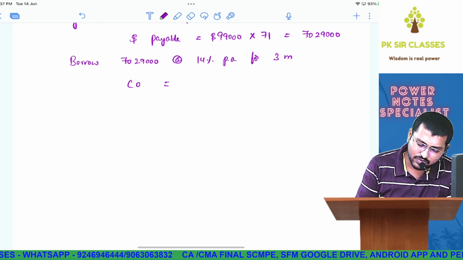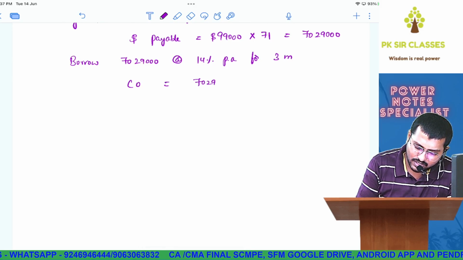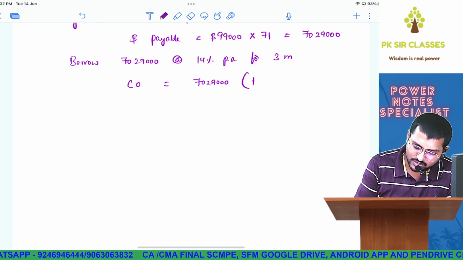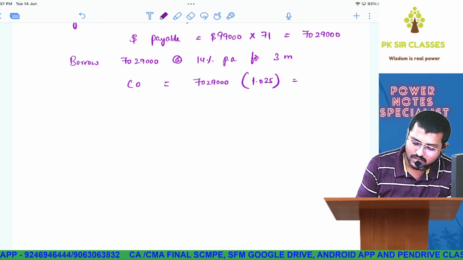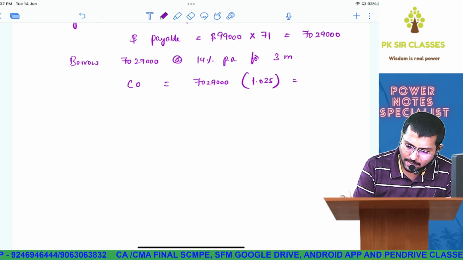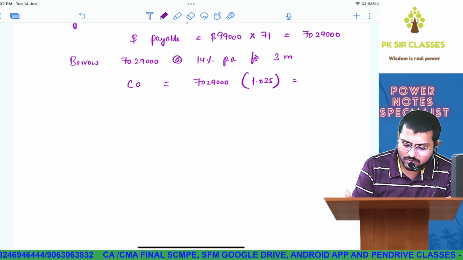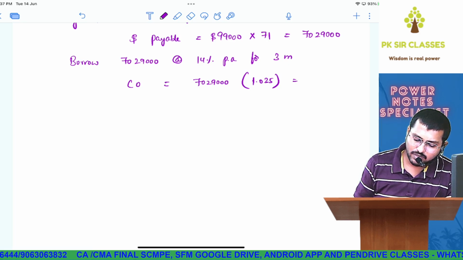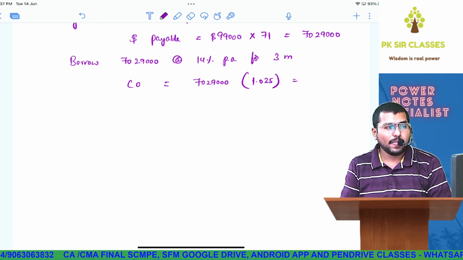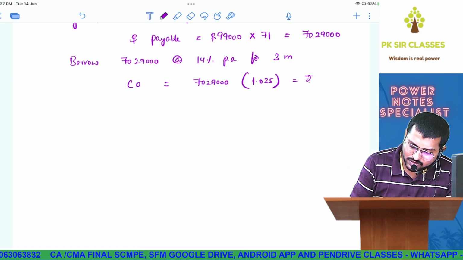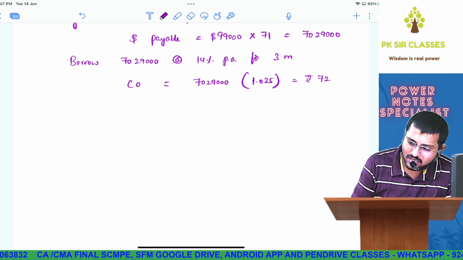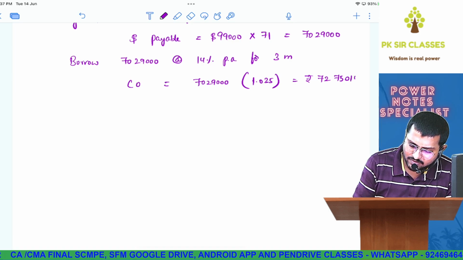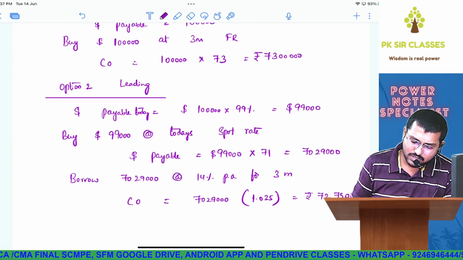Your actual cash outflow will be 70 lakh 29,000 into 1.035, which comes to 72 lakh 75,015.